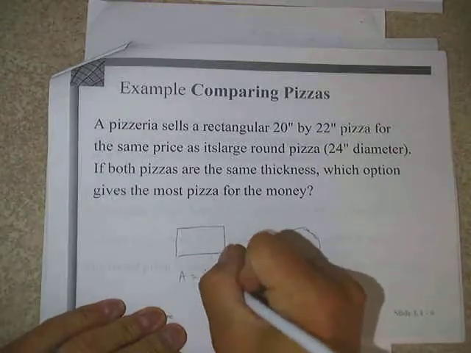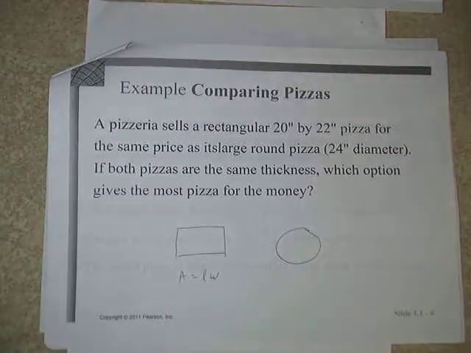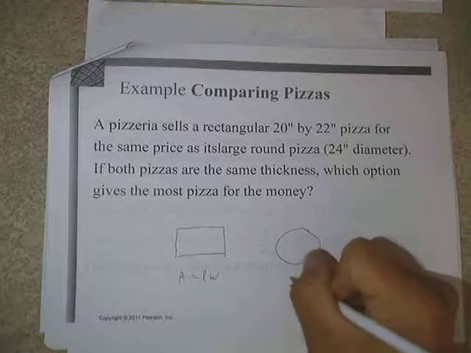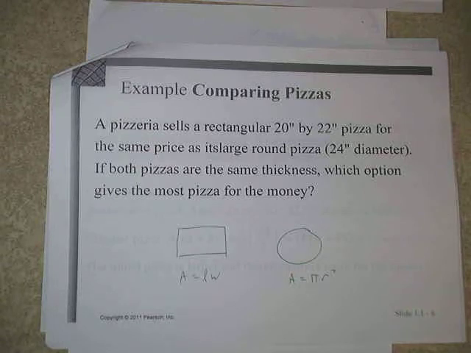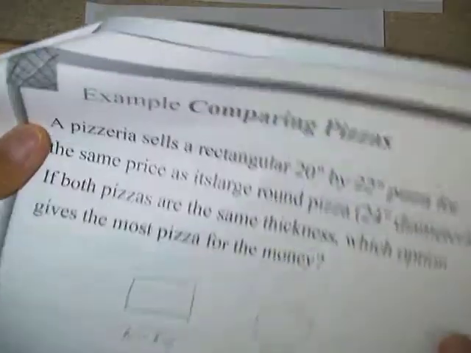Like I said, the price here is the same. So we know from geometry that we can take an algebraic approach to this because we have formulas for those two shapes. Area equals length times width in the rectangle situation, and area equals pi r squared in the circle situation.